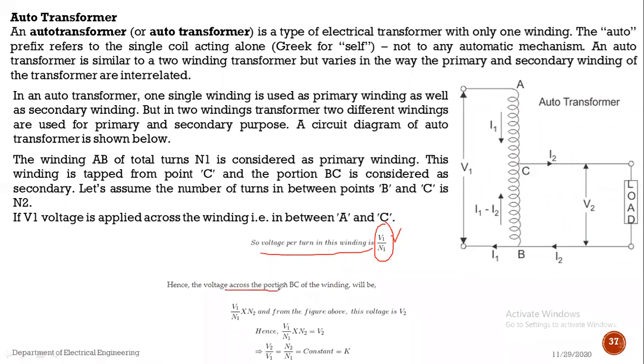Hence the voltage across portion B to C is equal to B to C च्या पोर्शन मधलं जे काय व्होल्टेज असेल, so voltage per turn into number of turns. बघा, suppose आपण मगाशी कॅल्क्युलेट केलं एका टर्नचं व्होल्टेज किती आहे, 2.3 आहे. Right, if total number of turns are 100 then the voltage becomes 100 into 2.3. किती येते? 100 into 2.3 is nothing but 230. No? Yes sir. हा, so it is 230.